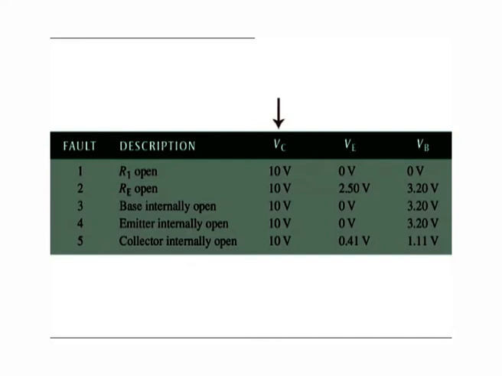The collector voltage is equal to 10 volts with respect to ground for each of the faults as indicated in the table. Also, for each of the faults, the base voltage and the emitter voltage with respect to ground are given.